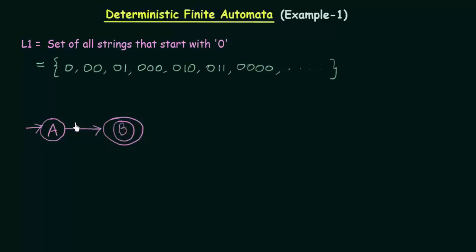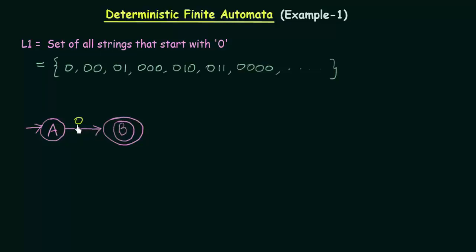Now when I give input 0 to A, it goes to B. Why is that? That is because I am to design a DFA that accepts all strings that start with 0. So A is my starting state and I'm getting input 0. That means 0 is the first digit, and when 0 is the first digit, it goes to B, which is the final state.